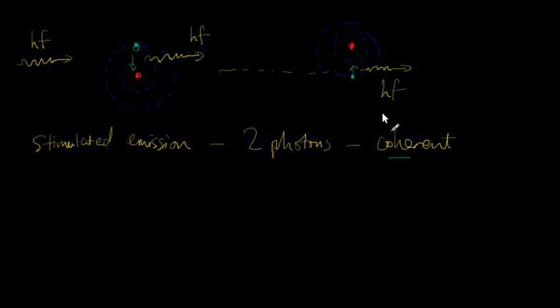You might have already been wondering, how are we going to get all these excited atoms? I mean, atoms are normally in the ground state, so to speak, meaning that electrons tend to just be at the lowest level. It's like if you let go of a stone, it will just fall down. So all the electrons tend to crowd around the lower orbits, right?